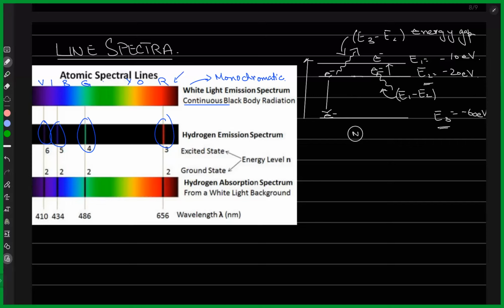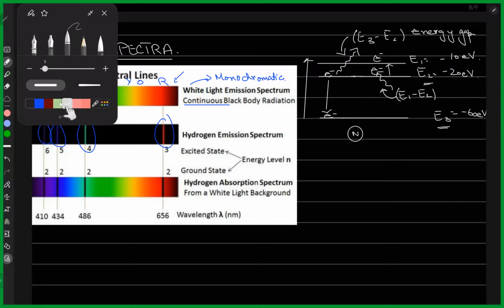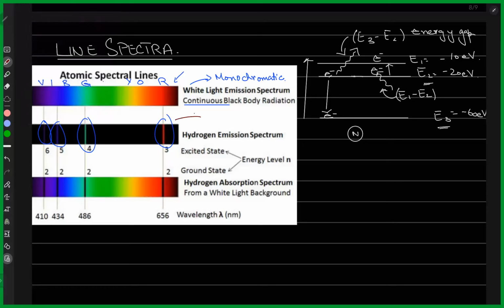Now, how do we get this emission line spectra? You use a cloud of hot gas. So this is obtained by using a cloud of hot gas. It can be sodium, hydrogen, or anything, right?